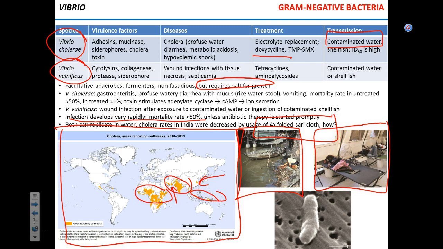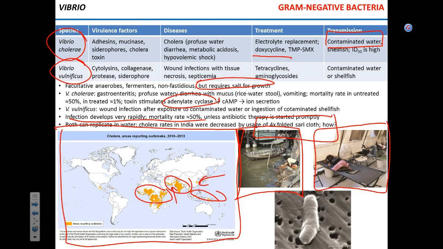Now, I didn't mention one of the virulence factors that you need to know, so I will introduce you to the virulence factor of cholera, the cholera toxin, and the mechanism that it employs to cause diarrhea. Cholera toxin binds and activates the enzyme called adenylate cyclase. Adenylate cyclase produces a signaling molecule called cyclic AMP.